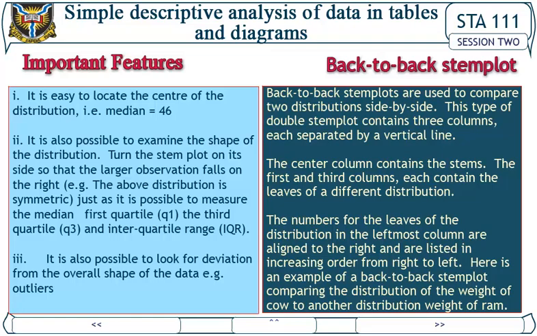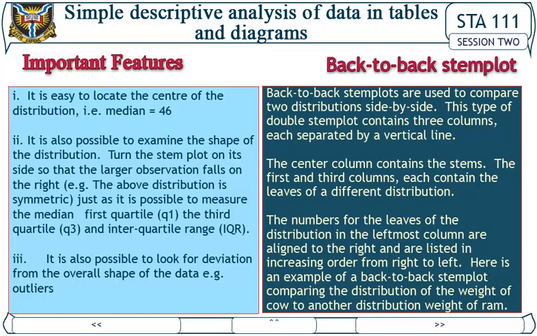It is also possible to measure the median, first quartile Q1, third quartile Q3, and interquartile range, IQR. 3. It is also possible to look for deviation from the overall shape of the data, e.g., outliers.